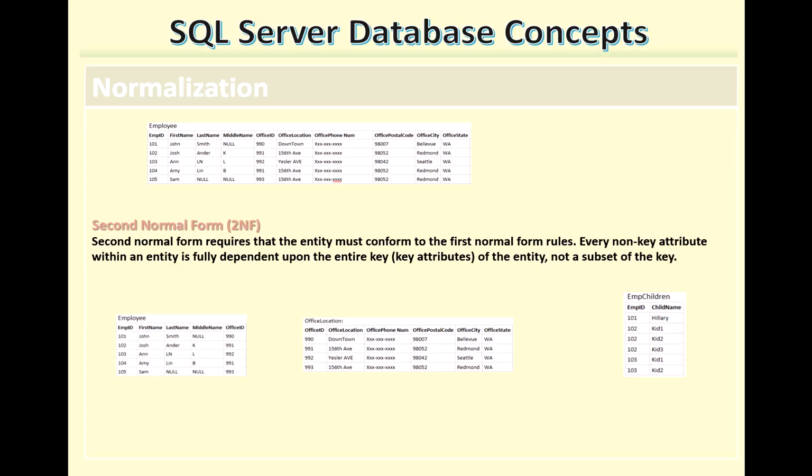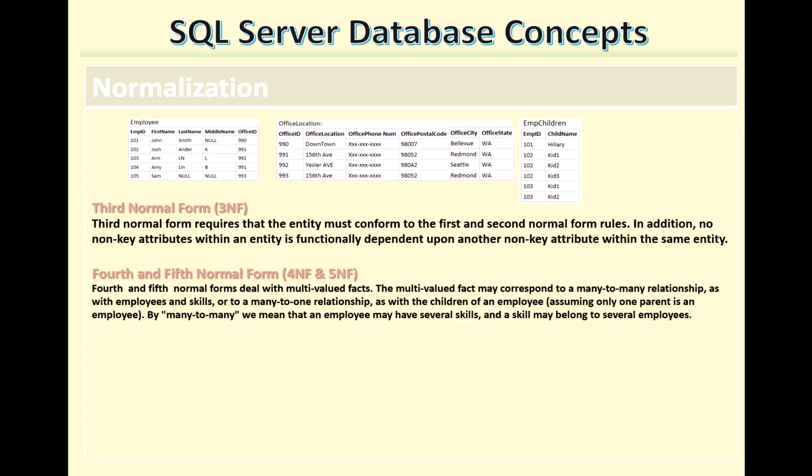Now we will see the third normal form. What happens in the third normal form? Third normal form also says the entity must adhere to the first and second normal forms. In addition, no non-key attribute within an entity is functionally dependent upon another non-key attribute.